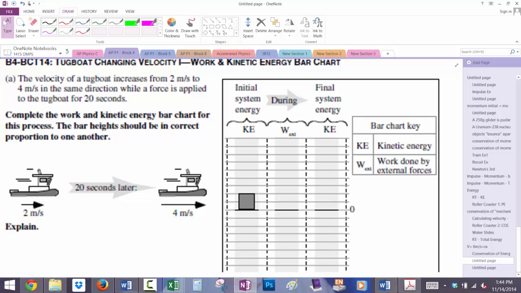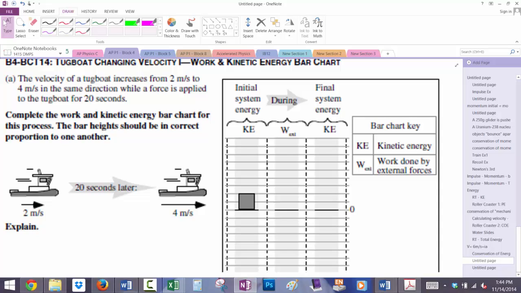All right. This thing says complete the work energy bar chart. So they're throwing work into it now because the system is just what? What's in the system? Just the tugboat. So the tugboat is the only thing in the system.